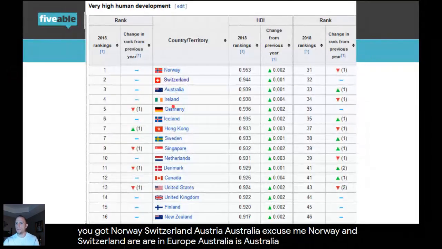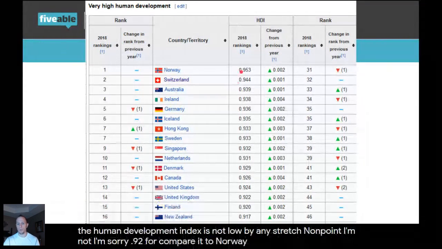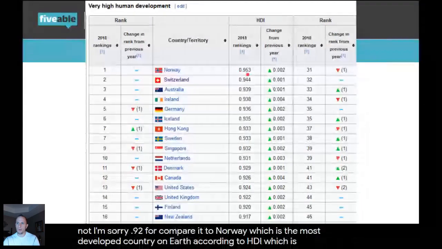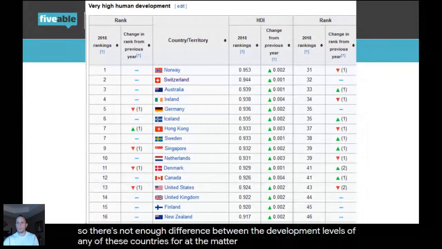But look, the Human Development Index is not low by any stretch: 0.924 compared to Norway, which is the most developed country on Earth according to HDI, at 0.95. So there's not enough difference between the development levels of any of these countries for it to matter. There just isn't.